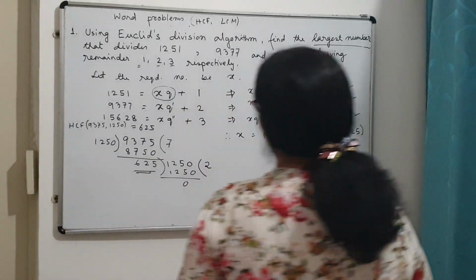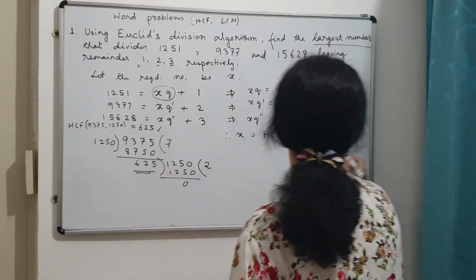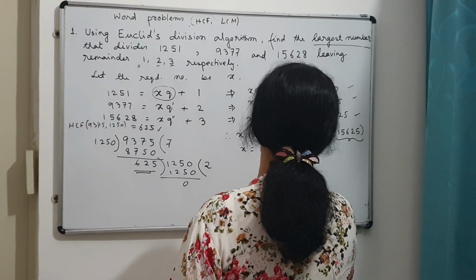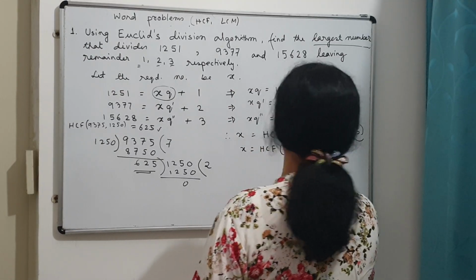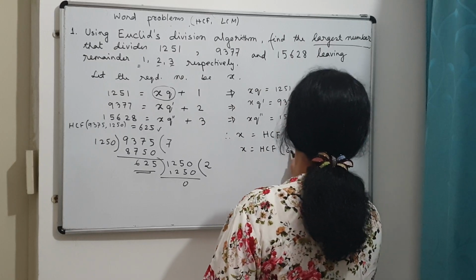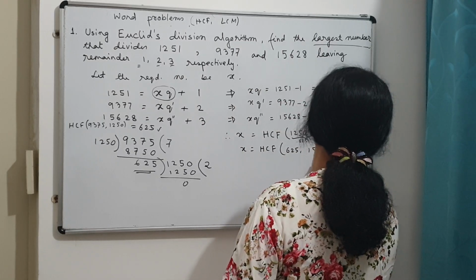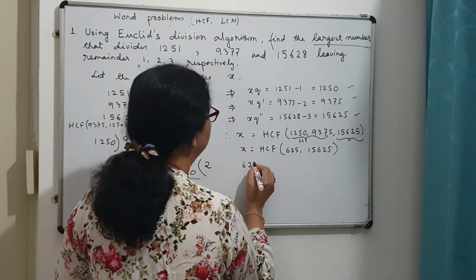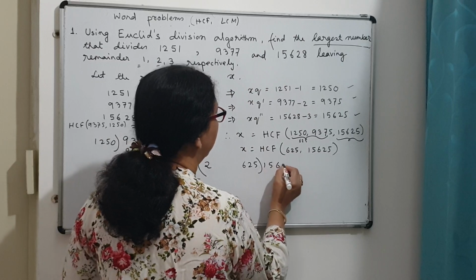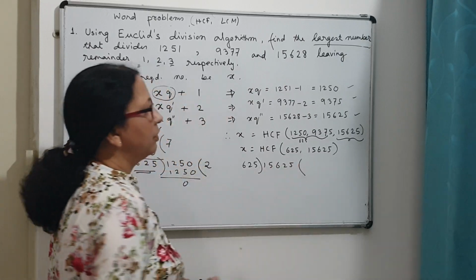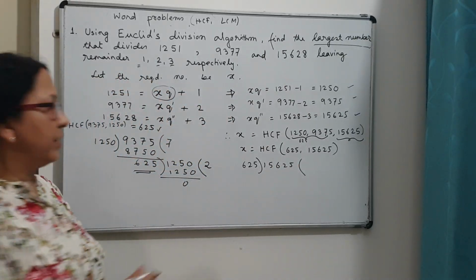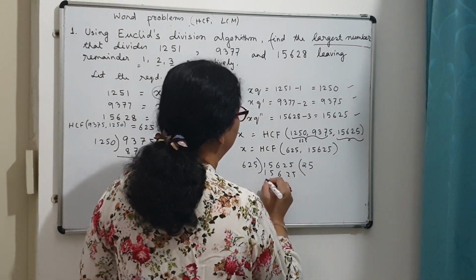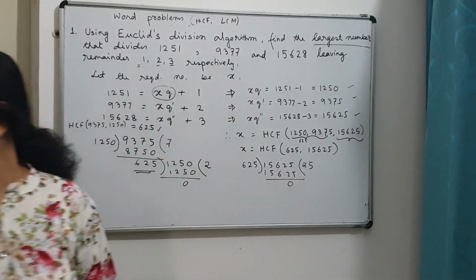So now we have to find the HCF of this 625 and the third number. So x is equal to the HCF; of these two it came out to be 625. So 625 and 15625. By the same method, divide the bigger number by the smaller one, and if you do the division, it goes 25 times.